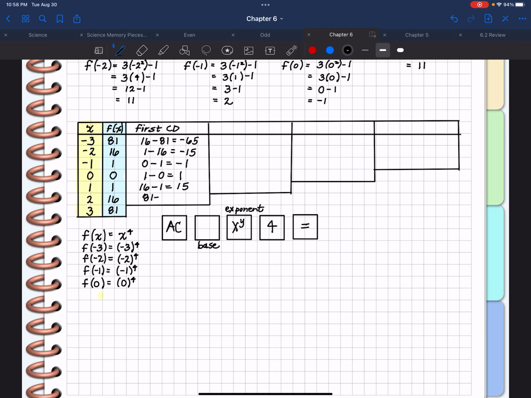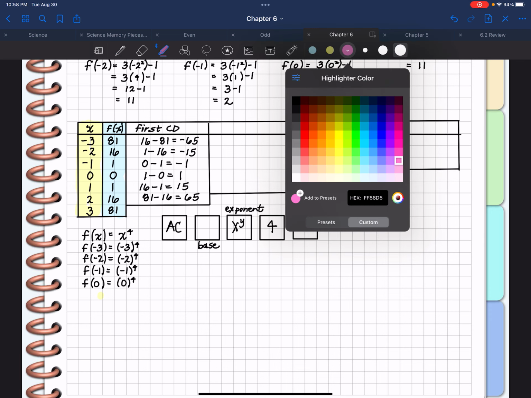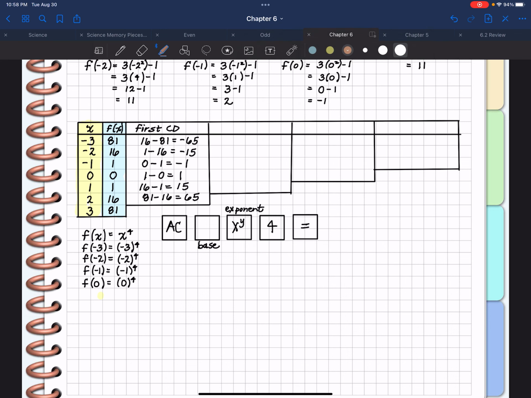And 81 minus 16 is 65. So the first consecutive differences are not common. That means this is not a linear equation. But we knew that. If it's 4th degree, it's not linear. Linears are 1st degree.